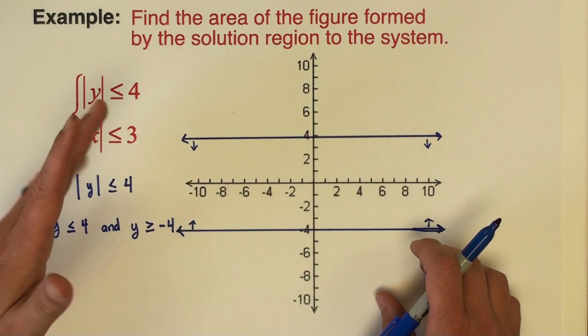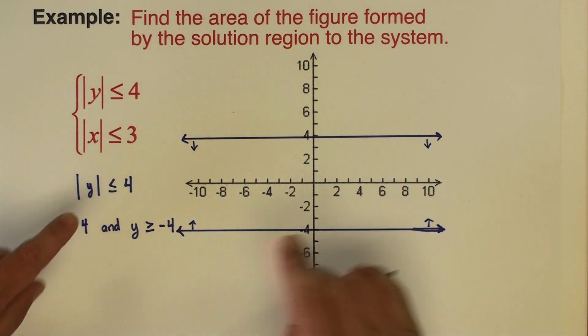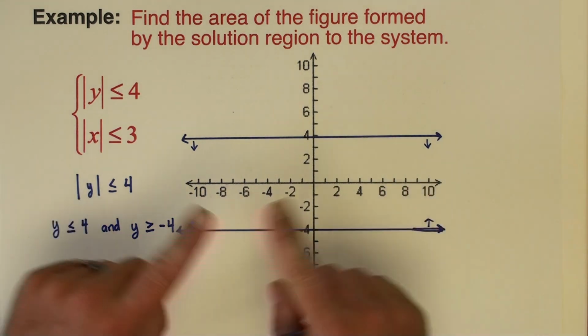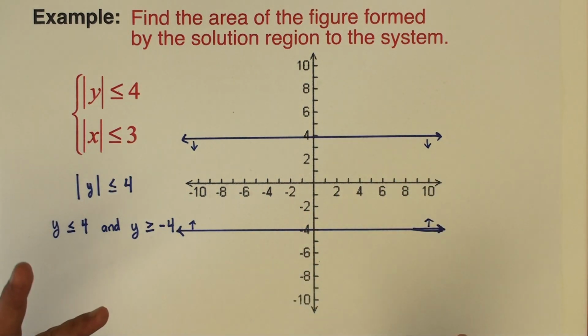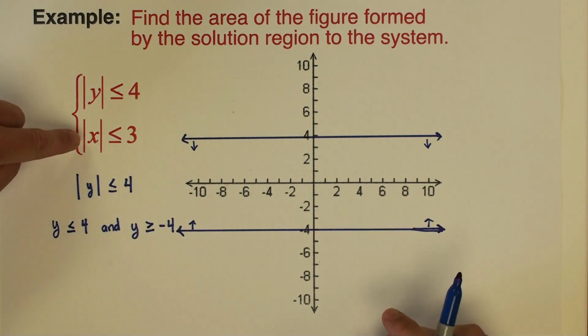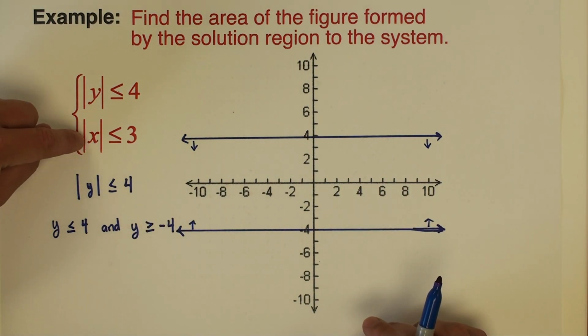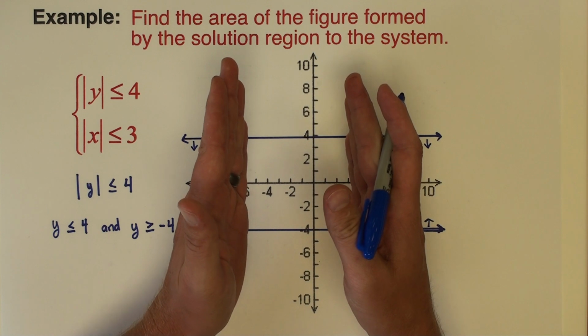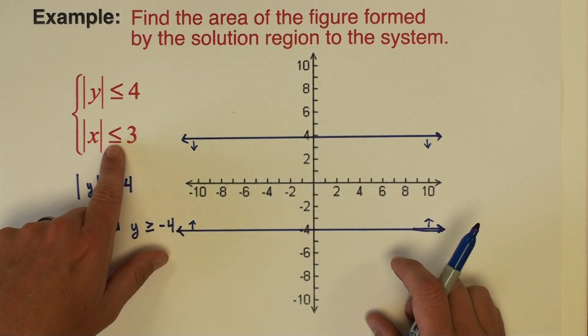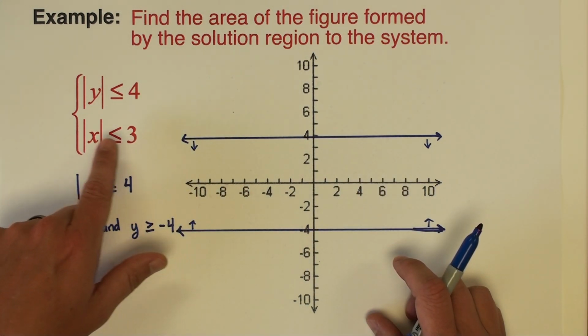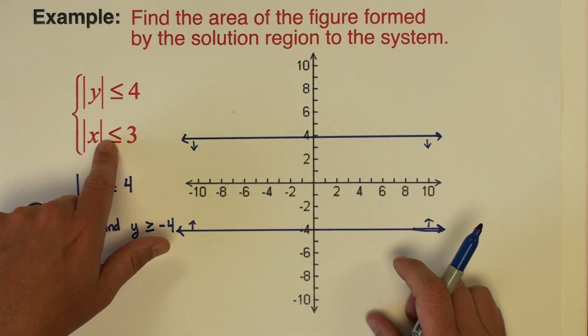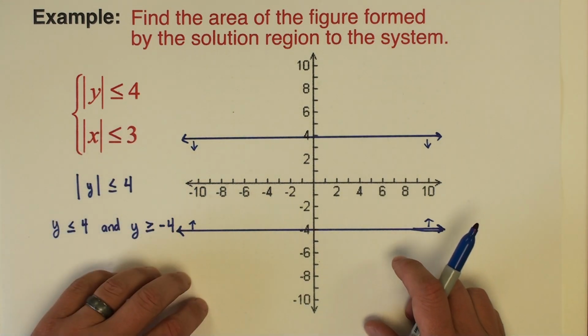Which is what would happen if you think about number lines. This would have given us 2 points on a number line, and we would have shaded between the 2 points. So this makes sense. Now let's do the same thing for the x. The only difference is this x is a vertical line. We're going to have everything less than 3 and everything greater than negative 3.